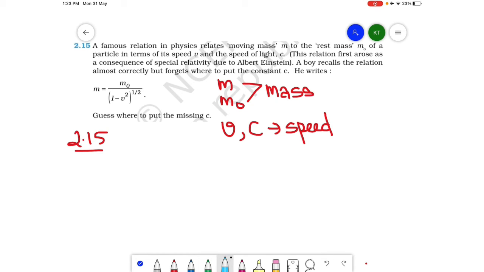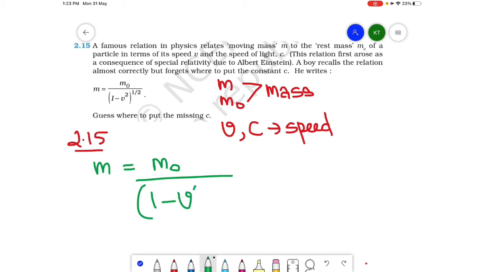A boy recalls the relation almost correctly but forgets where to put the constant c. He writes m is equal to m0 divided by 1 minus v square, the whole raised to 1 by 2. The question is where to insert c in this equation.